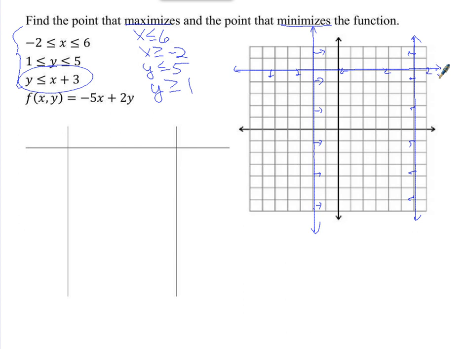Finally, y is, well, not finally, but finally for the stuff that I rewrote, y is greater than or equal to 1. That will be another horizontal line. This one's going through y equals 1. And we're shading above. So as of right now, before we put that last one in there, we're currently restricted to this region right here.